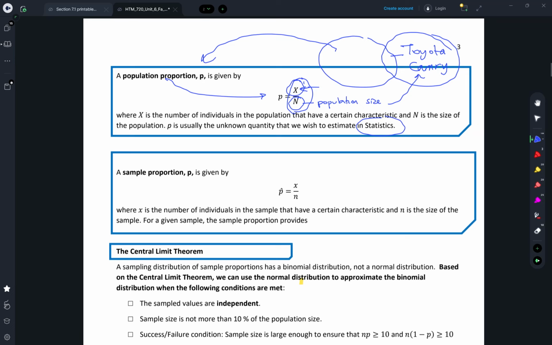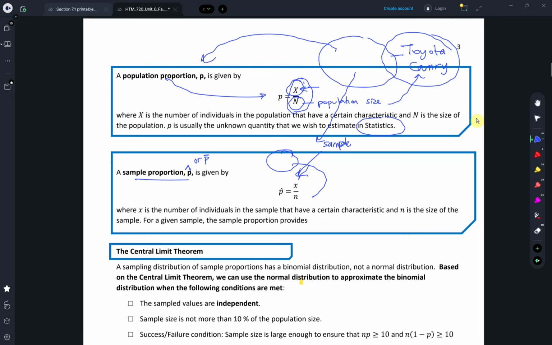And so what we usually do is take a sample using a sampling technique that we learned in earlier classes. We take a sample from that population, which we hope is random and representative of the general characteristics of that population. And from that sample, we compute the sample proportion p-hat, or p bar.